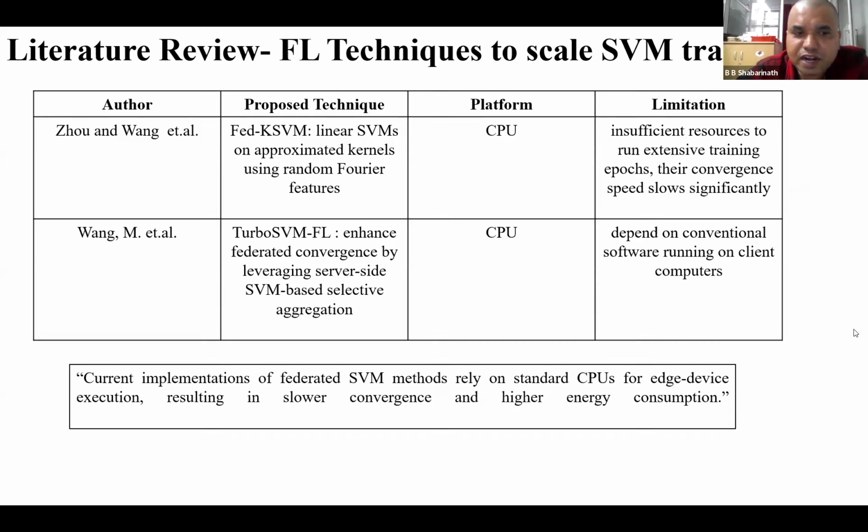Similarly, Wang M et al. proposed Turbo-SVM-FL, which enhances federated convergence by leveraging server-side SVM-based selective aggregation. They also implemented it on a CPU platform, depending on conventional software running on client computers. However, current implementations of federated SVM methods rely on standard CPUs for edge device execution, resulting in slower convergence and higher energy consumption.